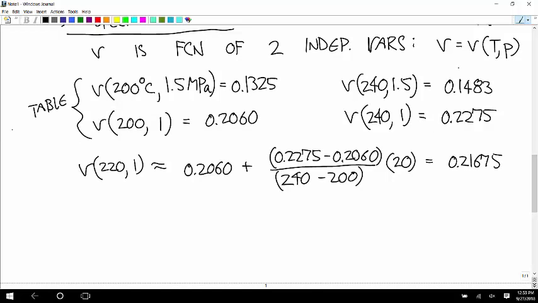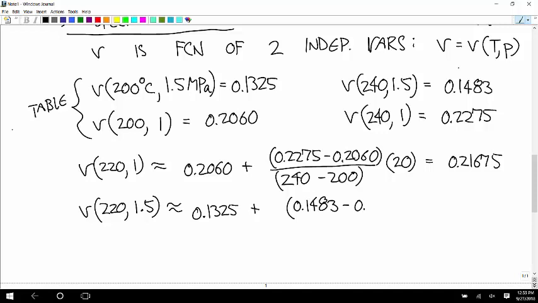And then I'm going to calculate the specific volume at 220 and a pressure of 1.5 megapascals. That's 0.1325 plus 0.1483 minus 0.1325 divided by 240 minus 200 times 20.